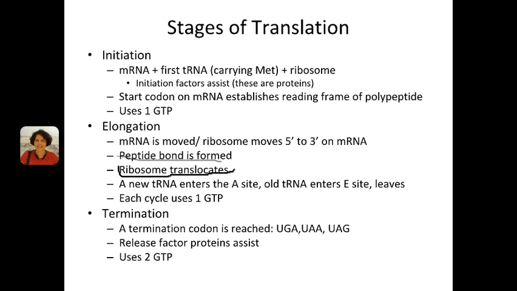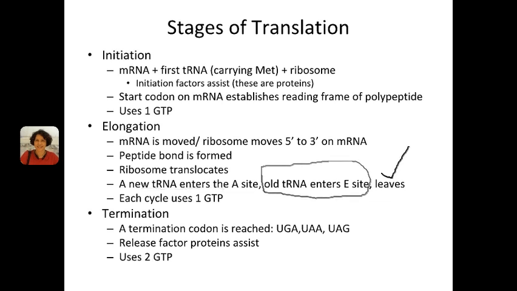So the ribosome moves on the messenger RNA. When this happens, there's going to be a new A site that is free. So a new transfer RNA is going to enter that A site. The old discharged tRNA is going to enter the E site from the P site where it was before, and from the E site it leaves the ribosome.